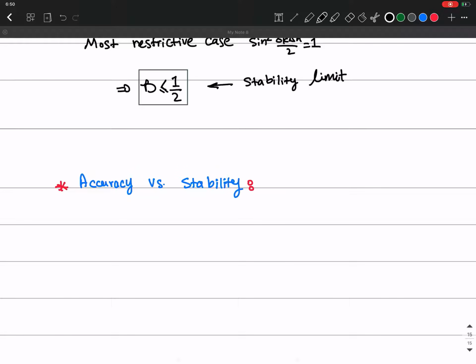So to do so, we also do the Fourier approximation. So the analytical behavior.